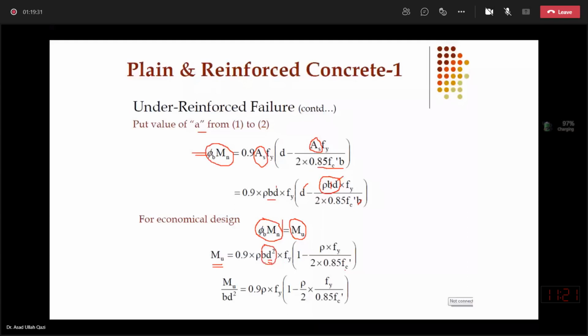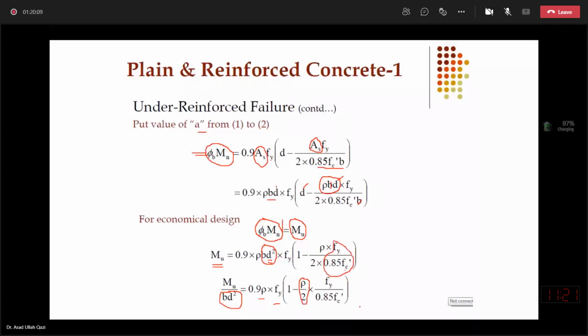So now the right hand side is 0.9 into rho into Fy, and what is in the circular brackets, I am splitting this second component within circular brackets into two parts, rho by 2 into Fy over 0.85 Fc prime. So this is just rearrangement, nothing else.